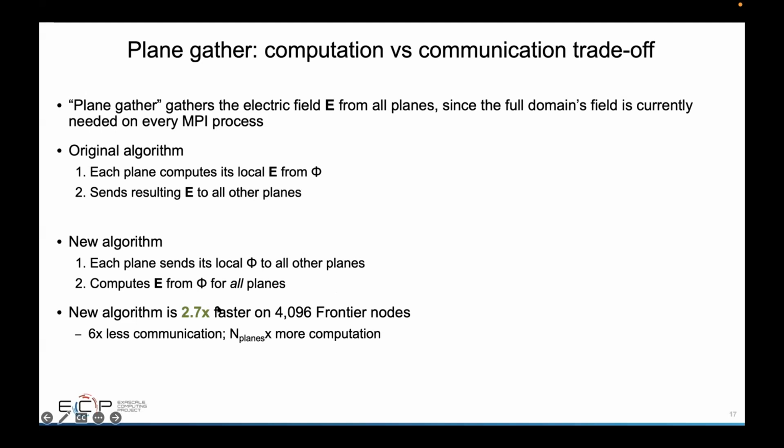This new algorithm turns out to be 2.7x faster on 4,000 Frontier nodes. It's 6 times less communication, even though, if you have 128 planes, that's 128 times more computation, but it still is better because you have that reduced communication.